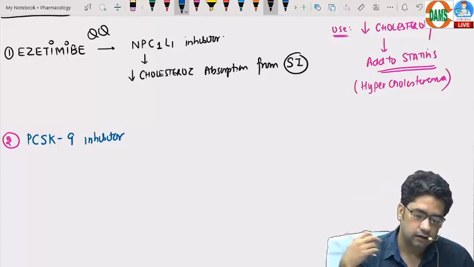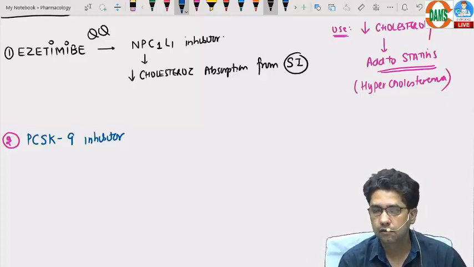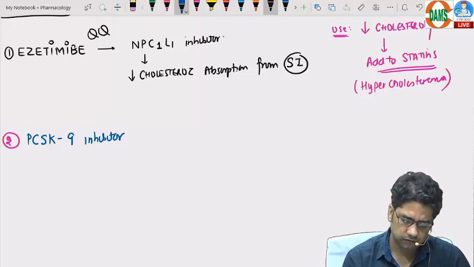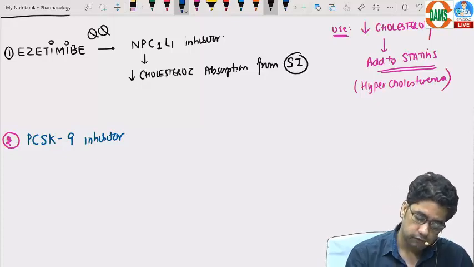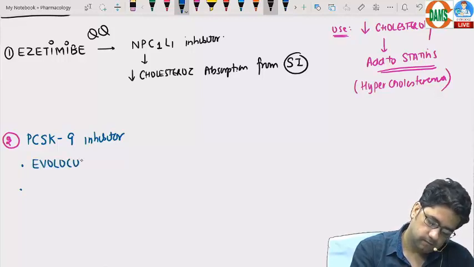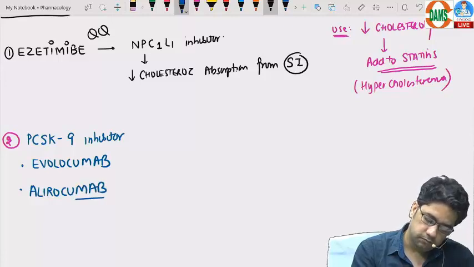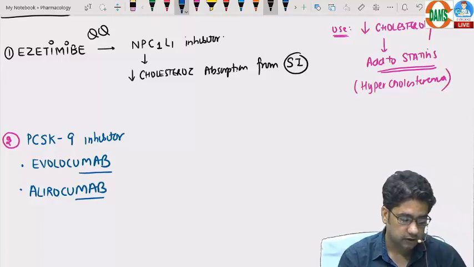Pro-protein convertase subtilisin Kexin type 9, नहीं याद रख सकते, नहीं याद रखनी है. But first point you have to remember: what are the drugs? Evolocumab and Alirocumab. MAB means monoclonal antibody which blocks PCSK9.